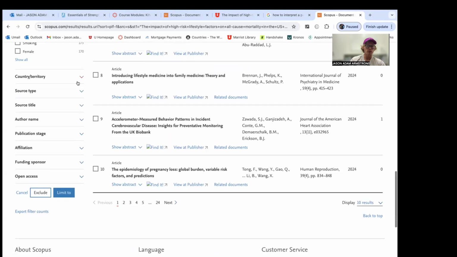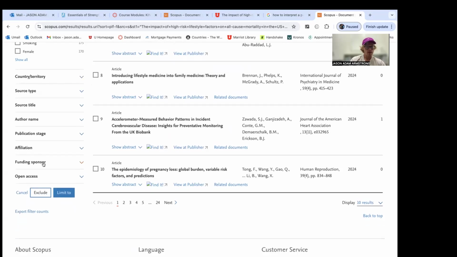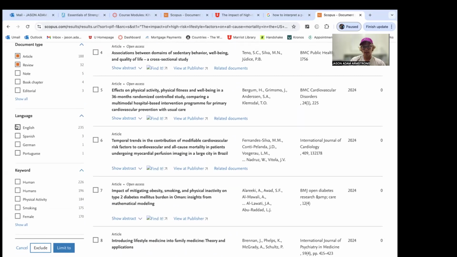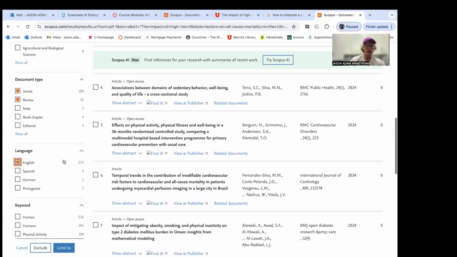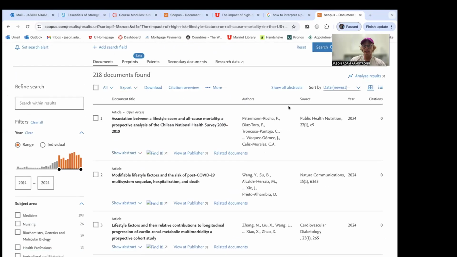For most of you, I might be interested in just papers from the United States. However, the UK, Australia, even a lot of papers out of China use English. So you used to be able to filter by language as well, but it looks like that option's been taken out for now. Oh, here we go, in English. So we'll filter by that too. If I limit to that, now I'm down to 218.